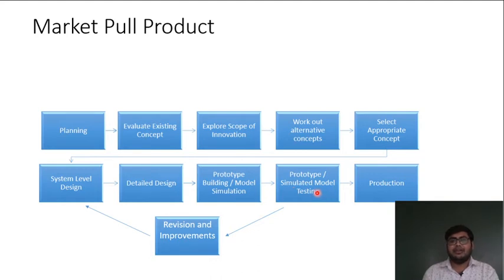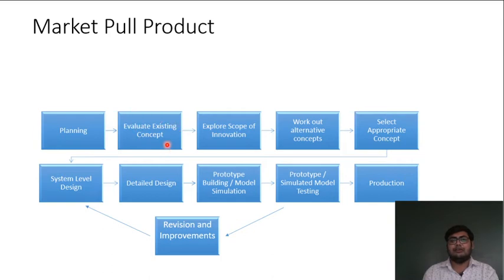If we feel that okay, there is still scope of improvement or revision is required, then we'll go back to system level design and all these steps will be followed, and then we will do production. Now all these steps are steps of generic product development process, so we are all familiar with it.